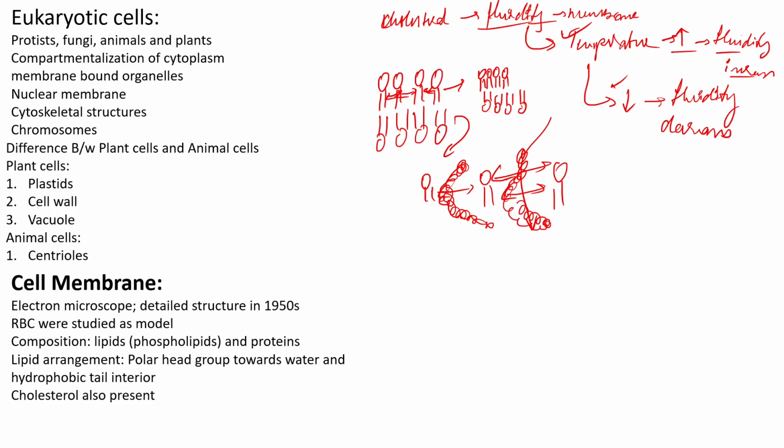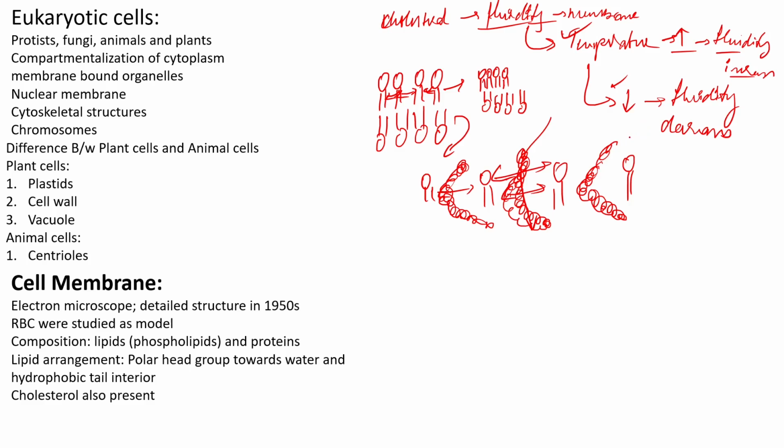Assume that this is a molecule of cholesterol that I am drawing over here. These molecules of cholesterol will sit in the increased gap between the phospholipid molecules. As a result, we can say that the fluidity is brought back to normal, even though the temperature is increased.